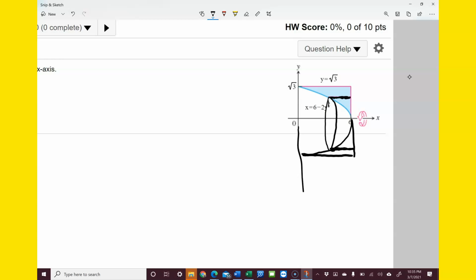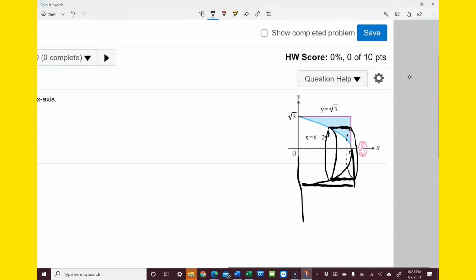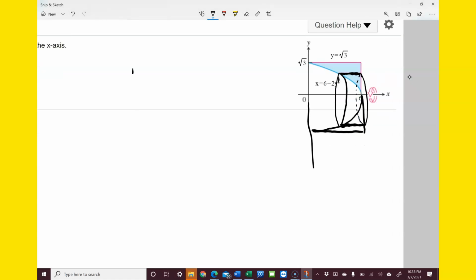Okay. All right, here's a cylindrical shell. All right, when we unravel that cylindrical shell, it is a rectangle.